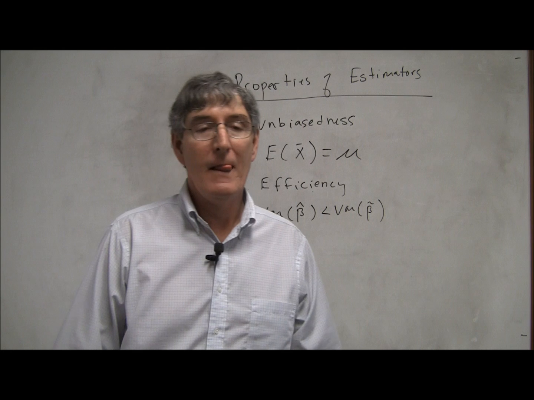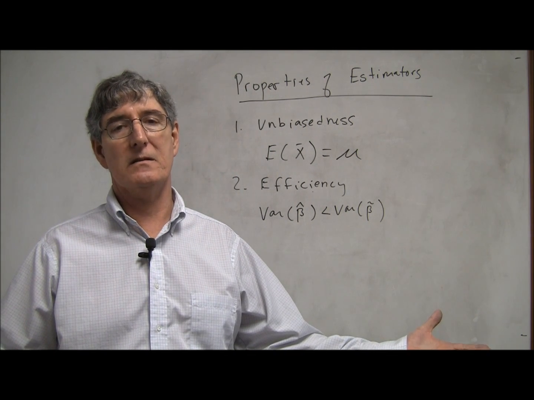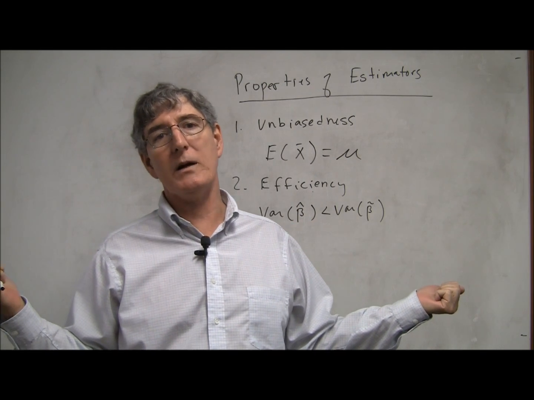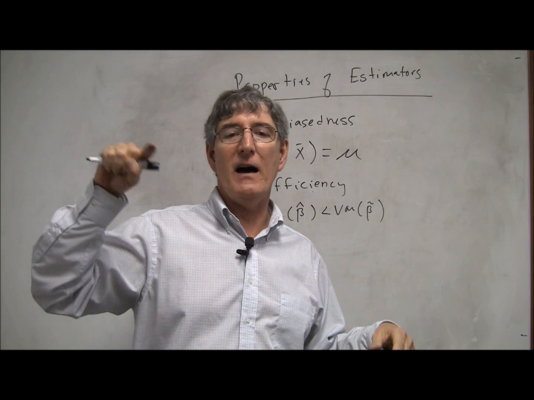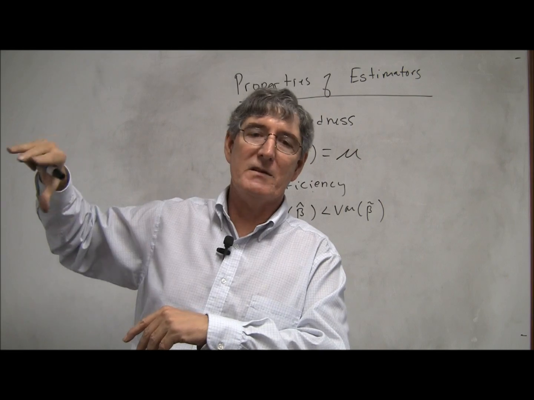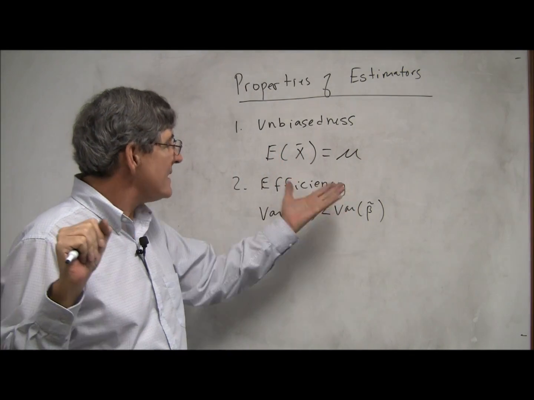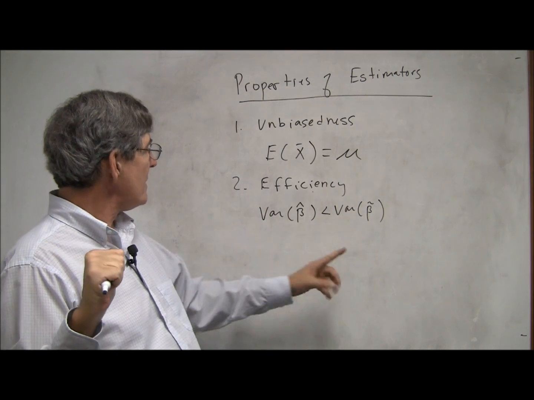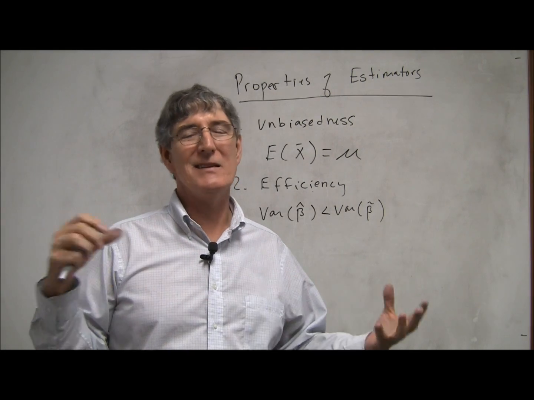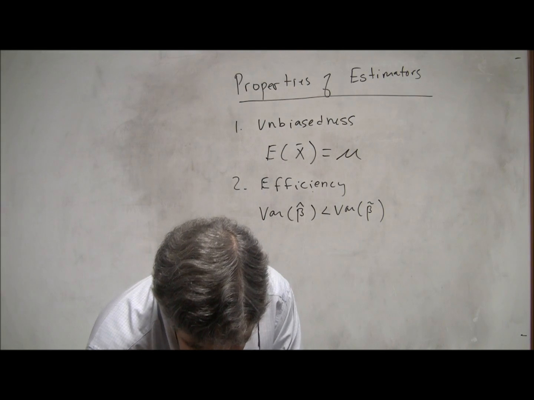You wouldn't want to do it this way, but I could just take the largest value and the smallest value and average those, right? That's an estimate of the mean. Turns out that's going to be unbiased if you were to work it out, because it'll be just the expected value of x biggest plus x smallest over 2, and you'll get mu plus mu over 2, which is 2 mu over 2, and you get mu. Well, it's just a different estimator. But which one's better? Well, that one would have a bigger variance, it turns out, because that will just have more variation than averaging a whole bunch of numbers.